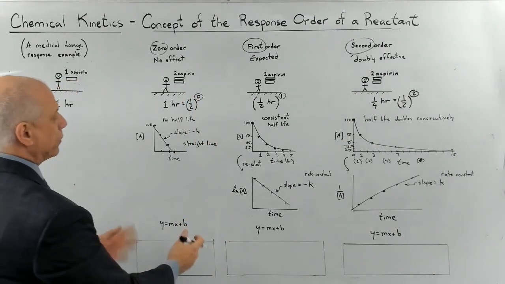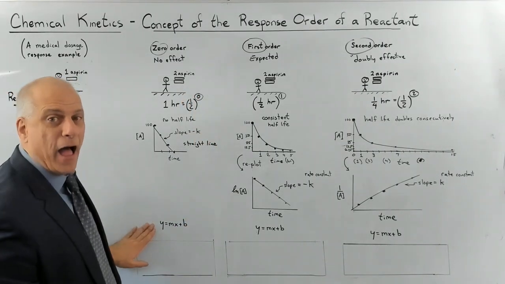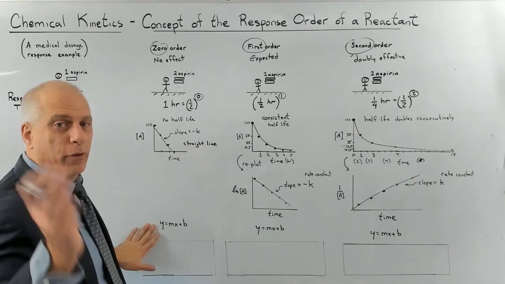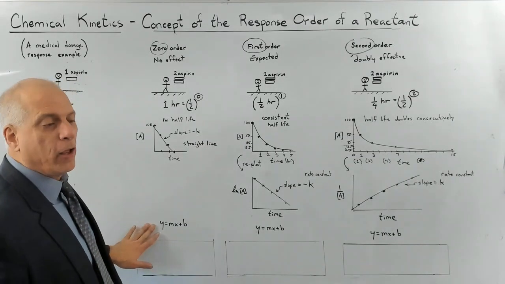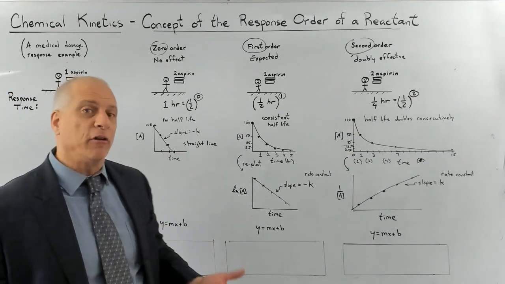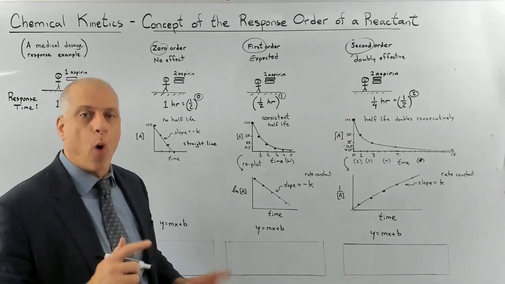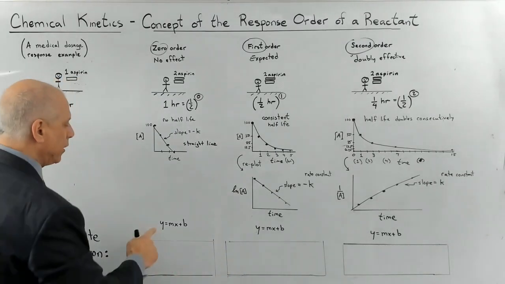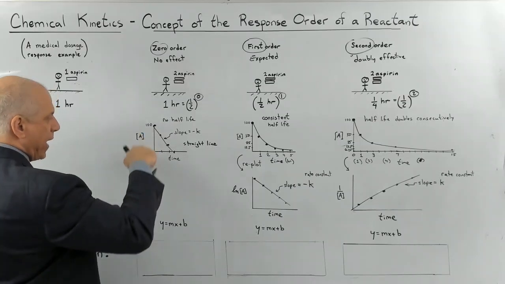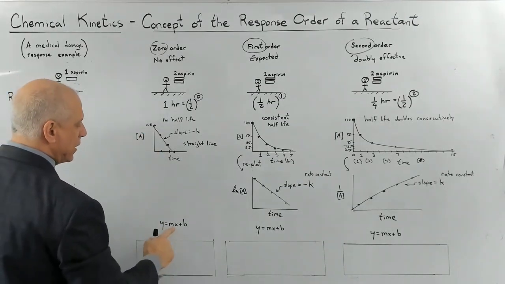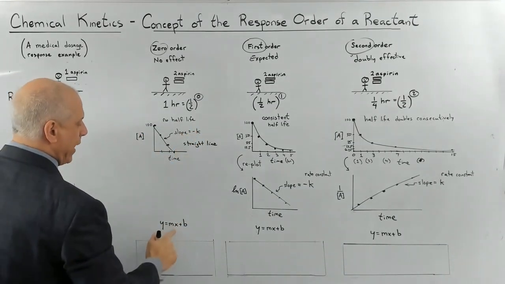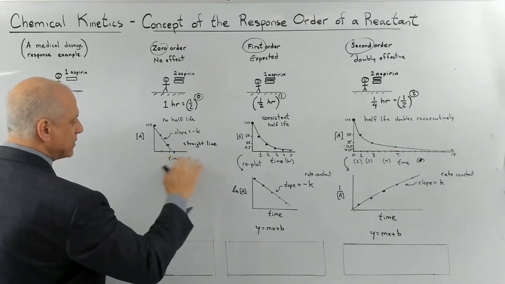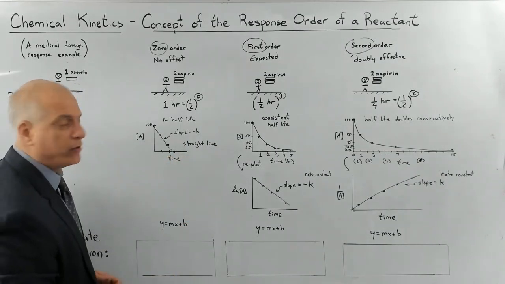Starting with the zero order, you'll remember from algebra class in maybe 7th, 8th, 9th grade or so, the equation for a line is generally written as y equals mx plus b, where y is the y-axis values, m is the slope, x is the x-axis, and b is the y-intercept.